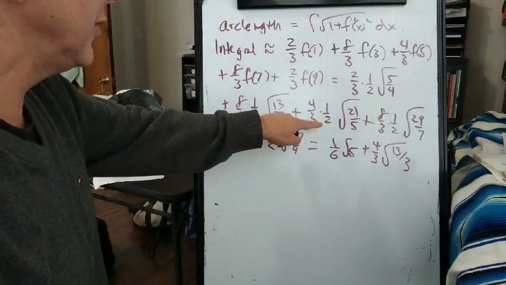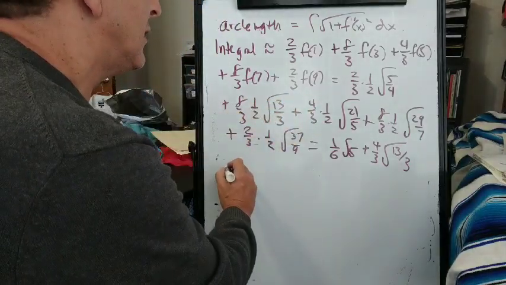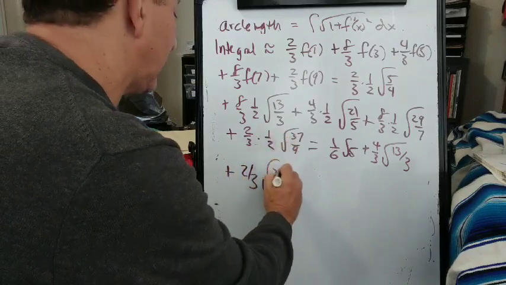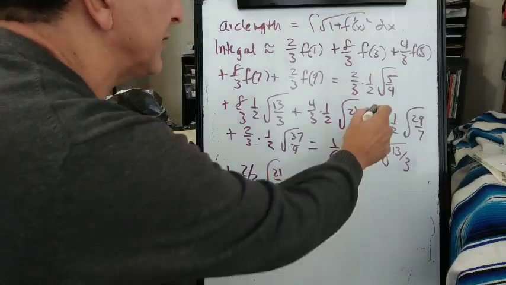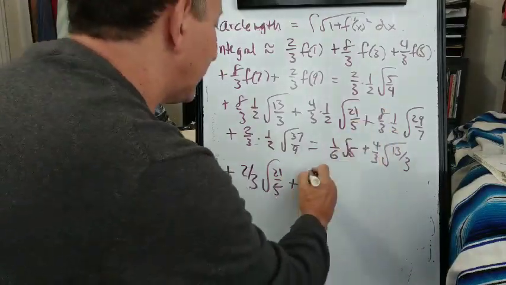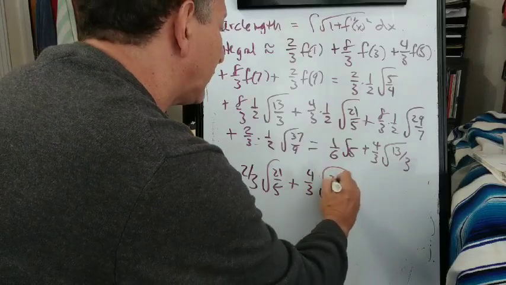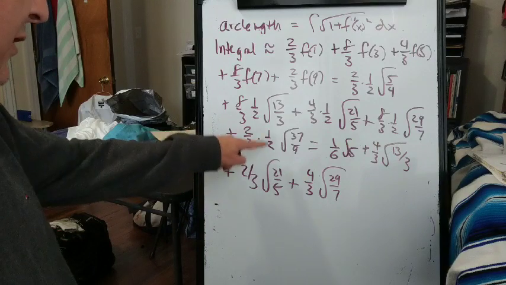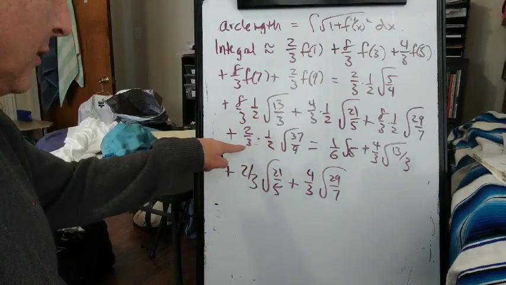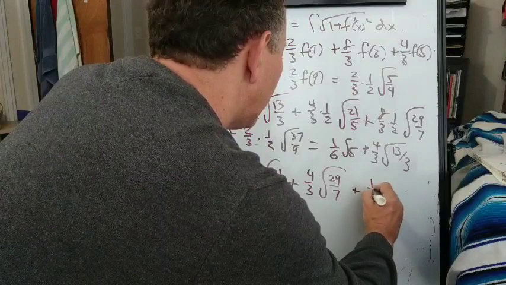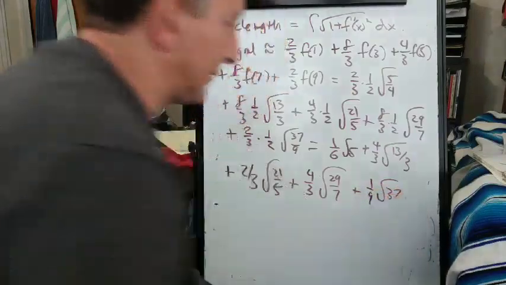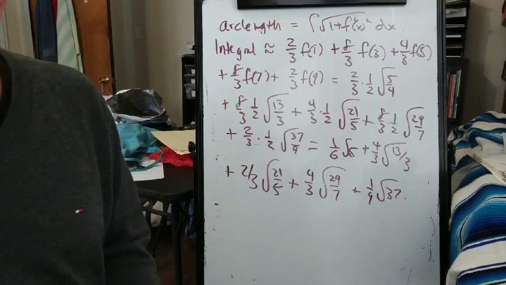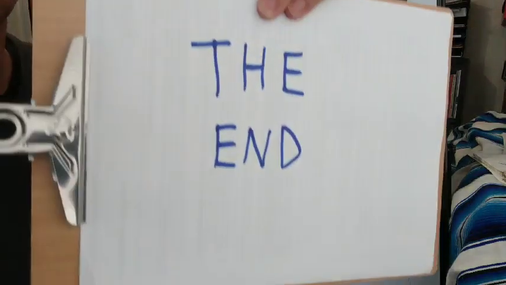And then here 4/2 is 2, 2/3 square root of 21/5. Plus 8/2 is 4, 4/3 square root of 29/7. And finally 2's cancel, 1/3, and we bring another 3 out, so 1/9 square root of 37. And I think that's all the simplification we can do. The end.